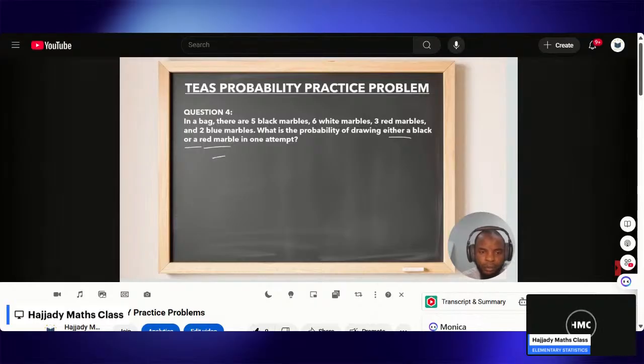The first thing to do is get the total number of marbles. We have 5 black plus 6 white plus 3 red plus 2 blue marbles. In total, we have 16.